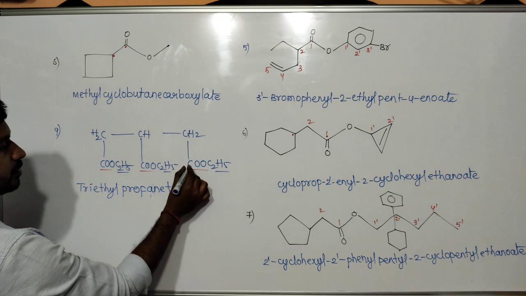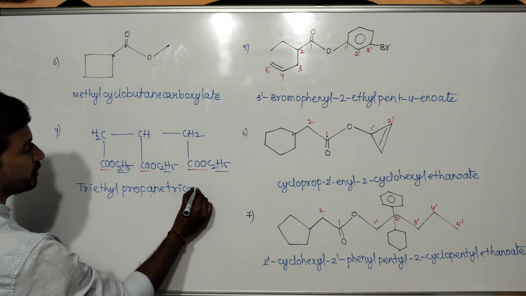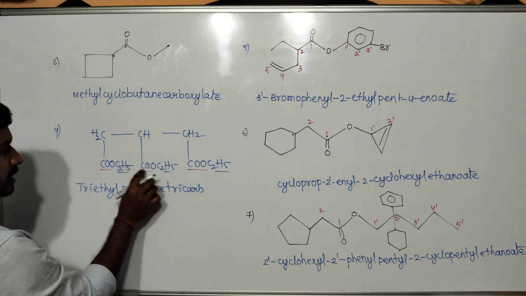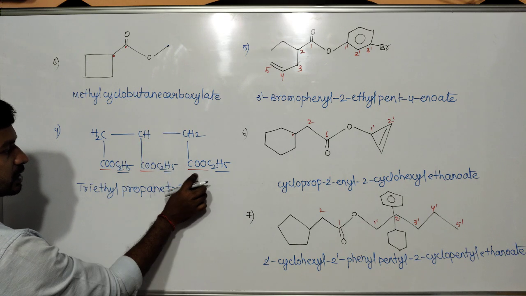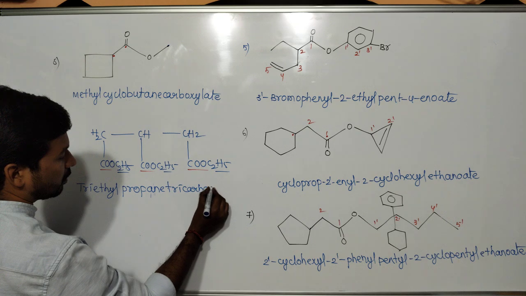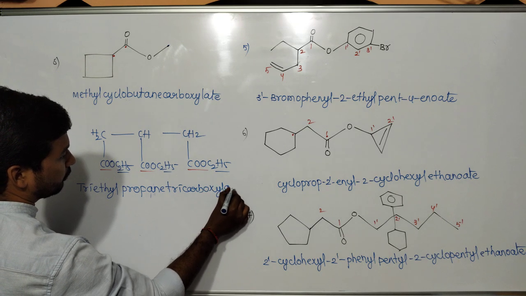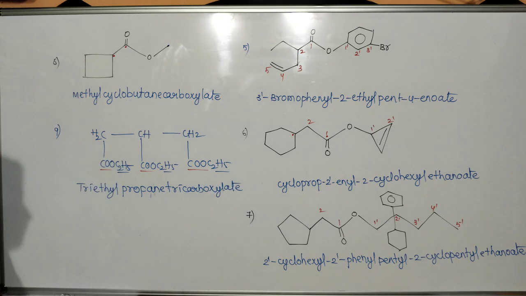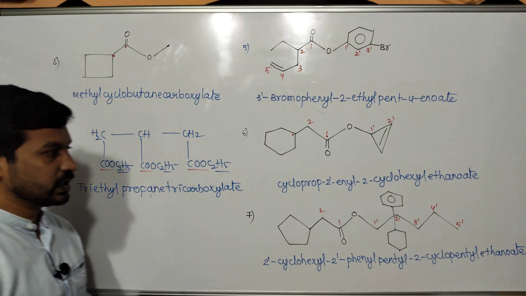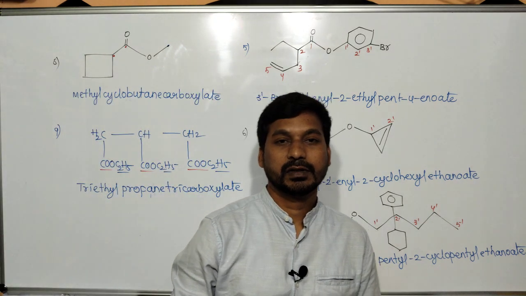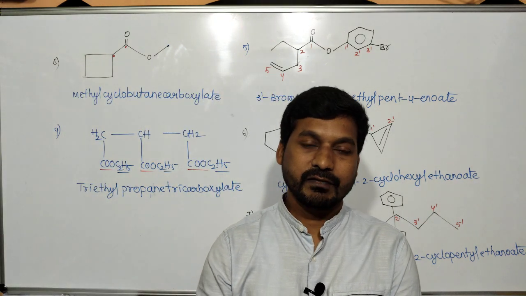Tricarboxylate. How many carboxylate groups? Tricarboxylate. In propane the functional group carbon is not counted, so carboxylate. So in this way we write the IUPAC names of esters, and previously amides.